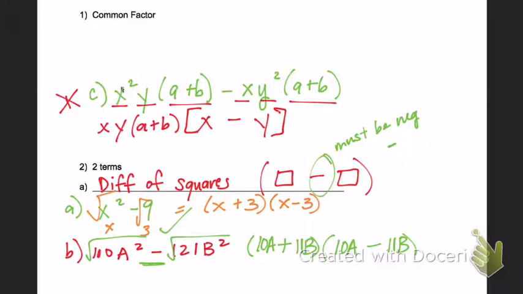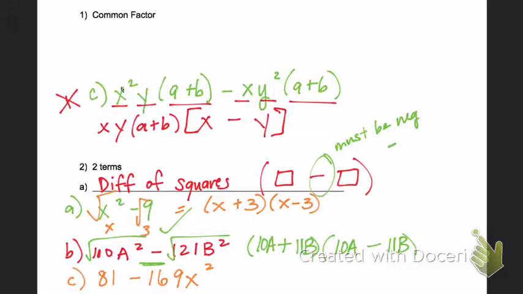Okay, next example. What if I had 81 minus 169x squared? So what do you notice is different about this example as opposed to the other two? Right, so the first term does not have a variable. The number is first and then the variable is second.